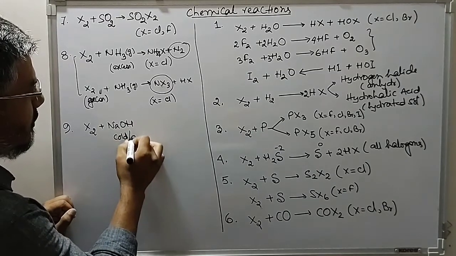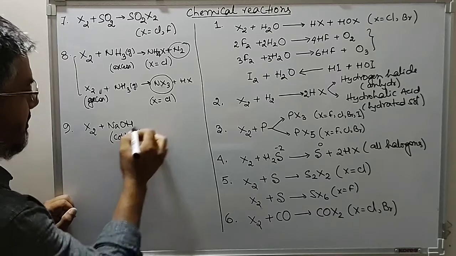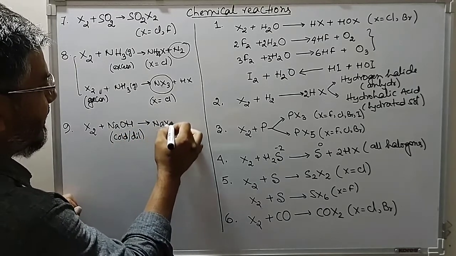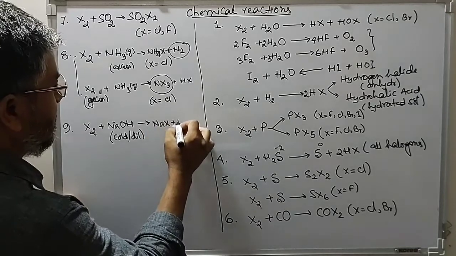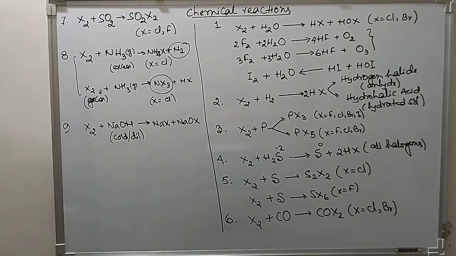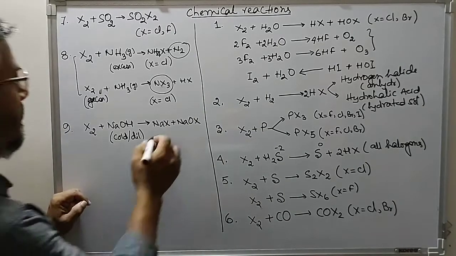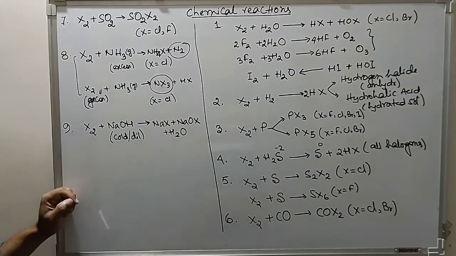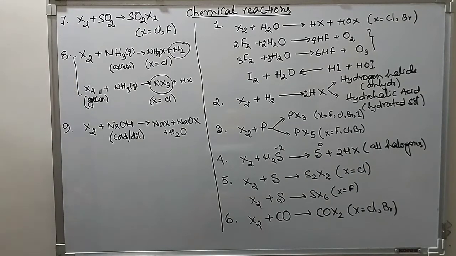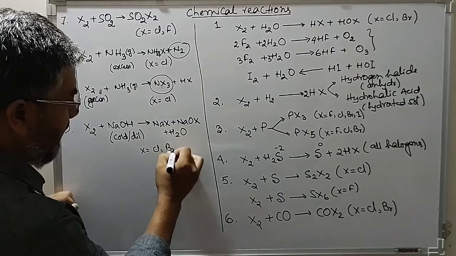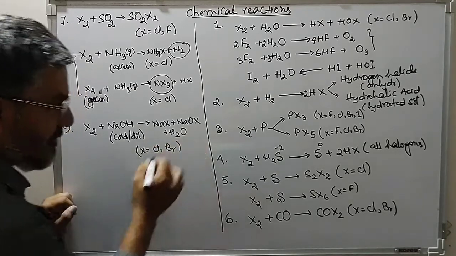If this is cold and dilute, then this gives you NaX plus NaOX plus H2O, where X is chlorine and bromine.